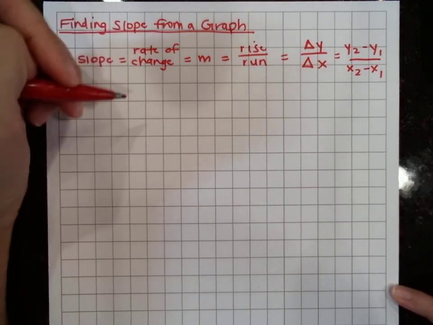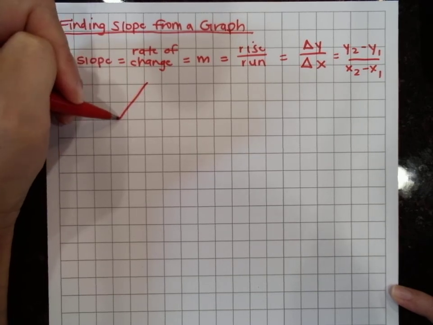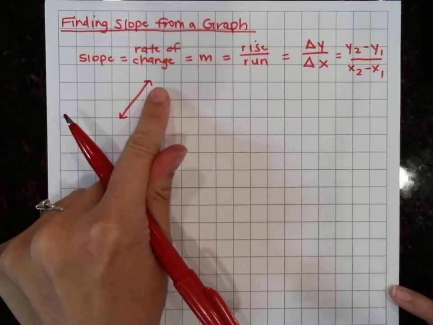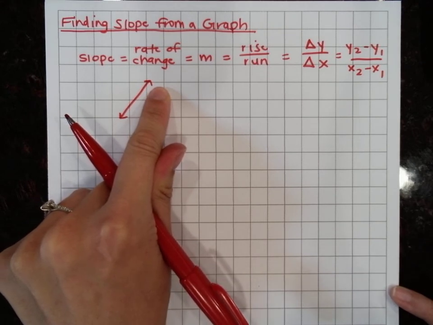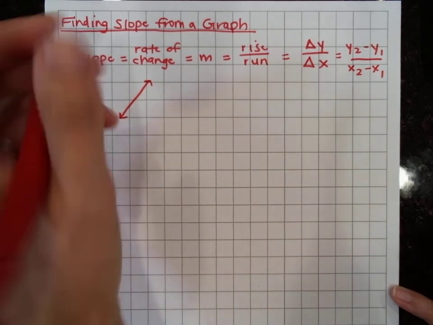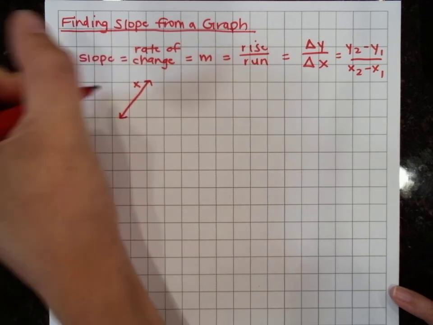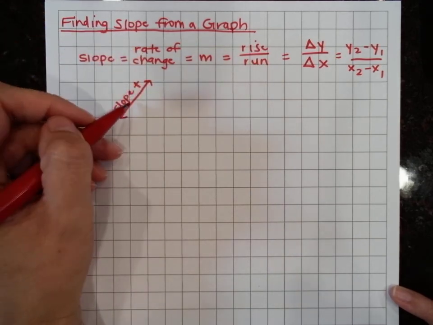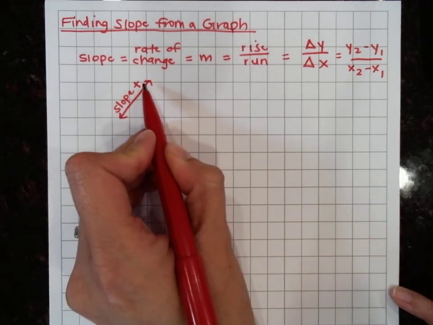Okay, so a line, when you look at it from left to right and it's going up, that is a positive slope. An easy way to tell is by writing slope on the line. So slope's going up, right?